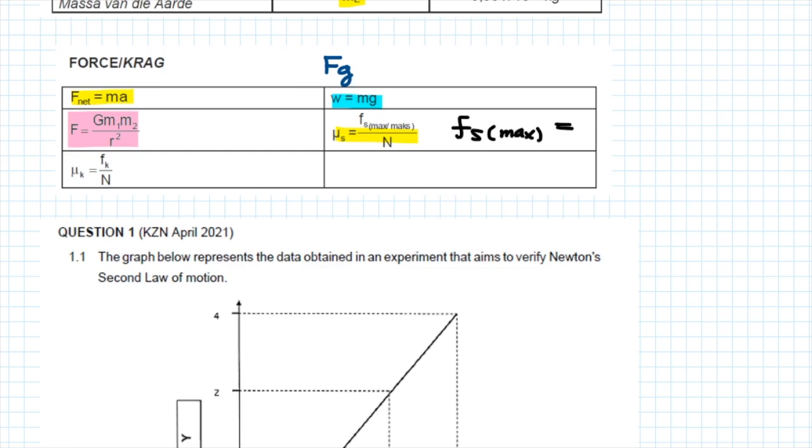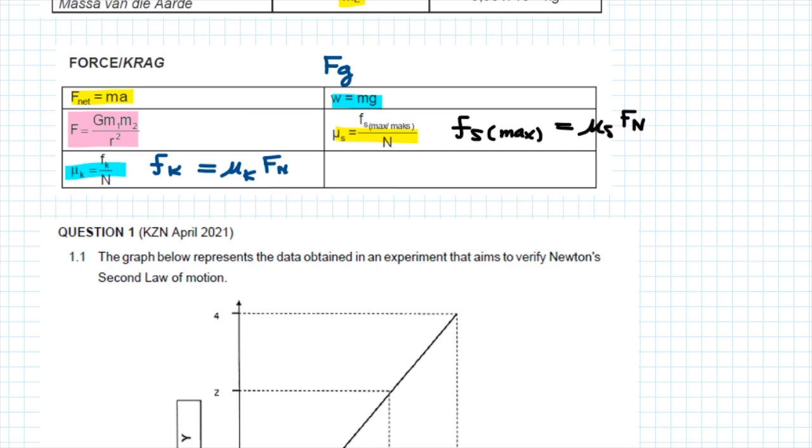You may be familiar with this formula in this form that I'm writing out, but it means exactly the same thing. And lastly, we have the formula that we can use to calculate the kinetic friction, which is equal also to a coefficient, the coefficient of kinetic friction multiplied by the normal force.